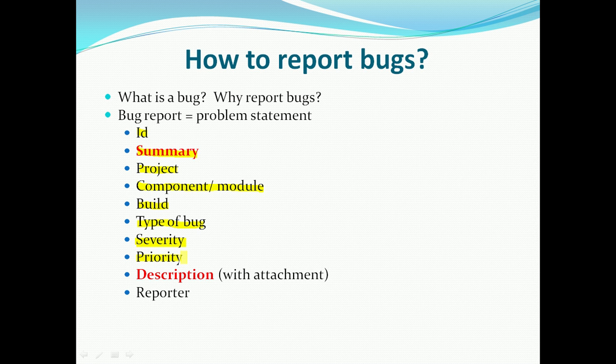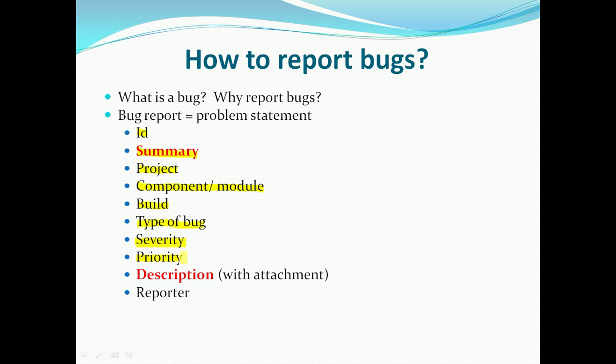Now a high priority bug can be, for instance, the same example that we discussed, that the users are not able to log into the system, and therefore nobody can do any work. So obviously the priority of that bug is going to be urgent, because it is a bug that requires an urgent solution and urgent fix.